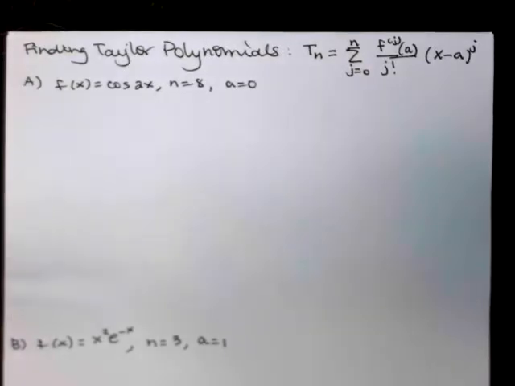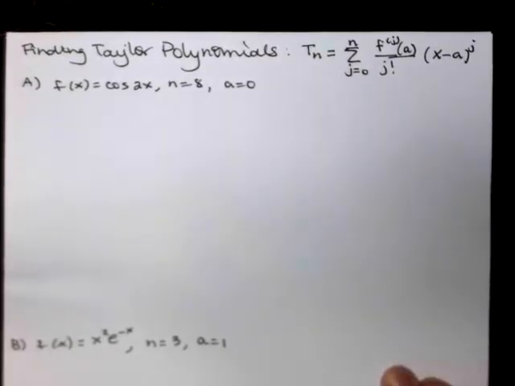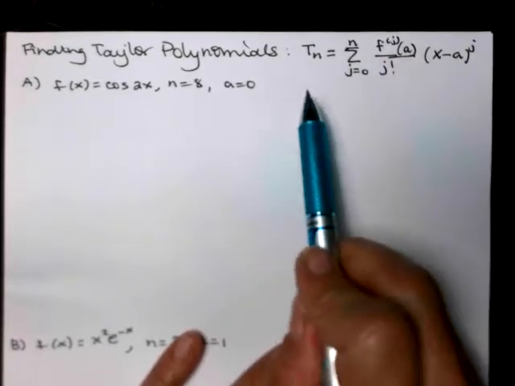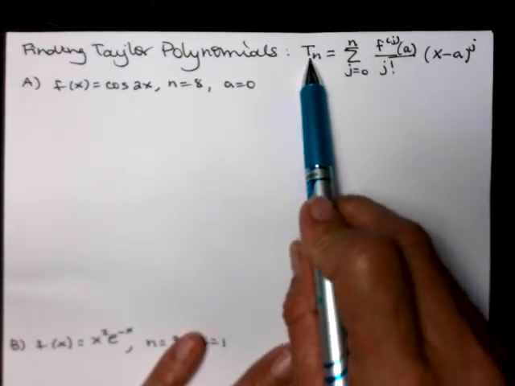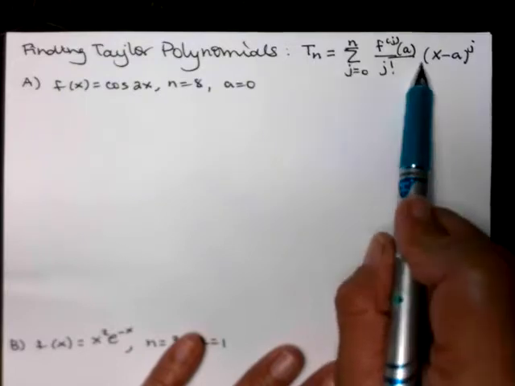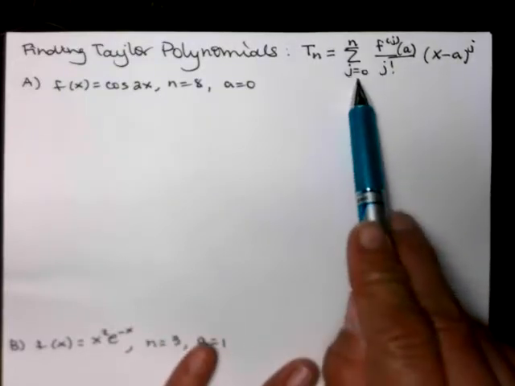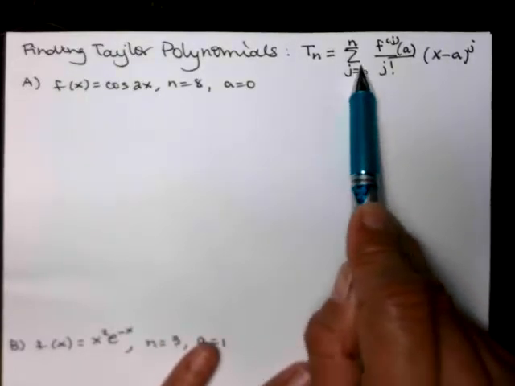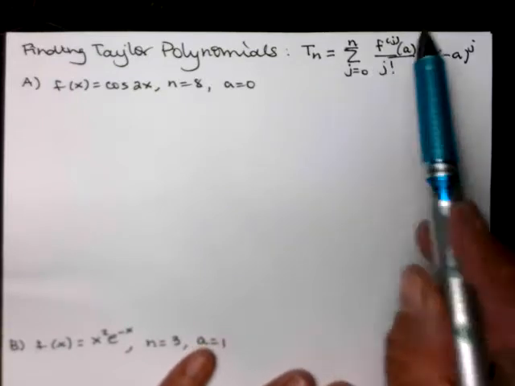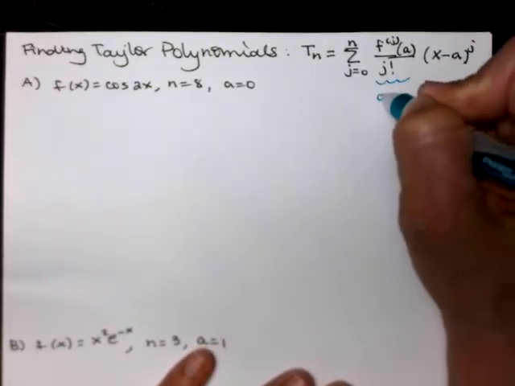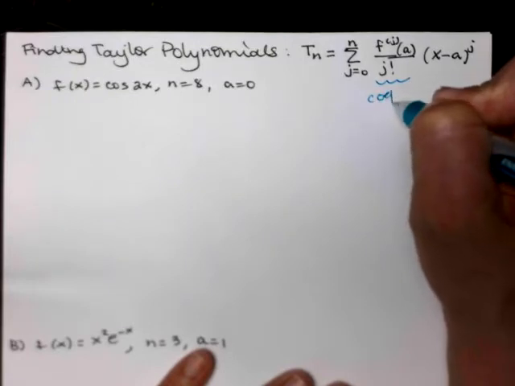So now I want to show you a couple examples of finding Taylor polynomials. Remember, the Taylor polynomial T sub n is defined to be, right, I'm using summation notation, I have my dummy counter j goes from 0 to n. So I have these coefficients, right? These are just going to be numbers.